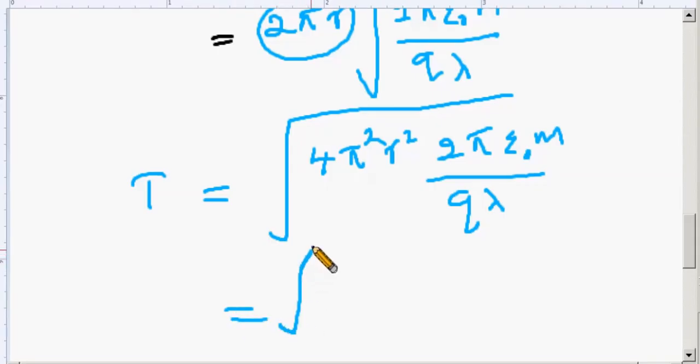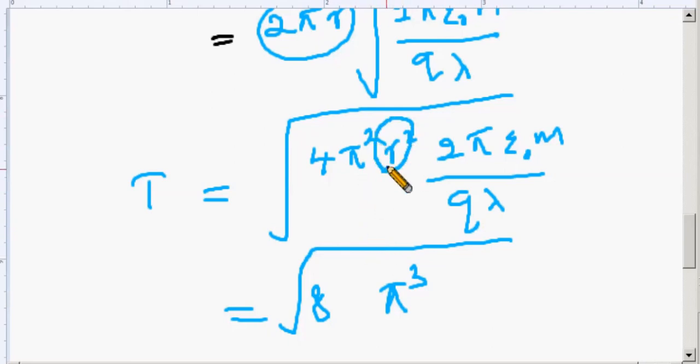Root of 4 pi squared, here pi squared and here pi, then pi cubed. 4 multiplied by 2, we get 8. r squared, there is no other r here, then r squared.